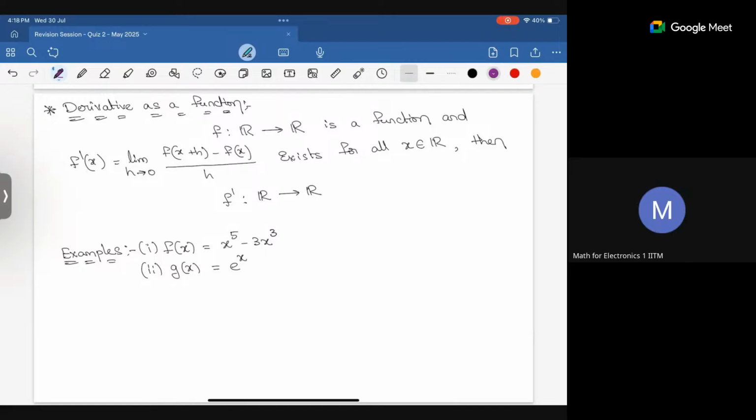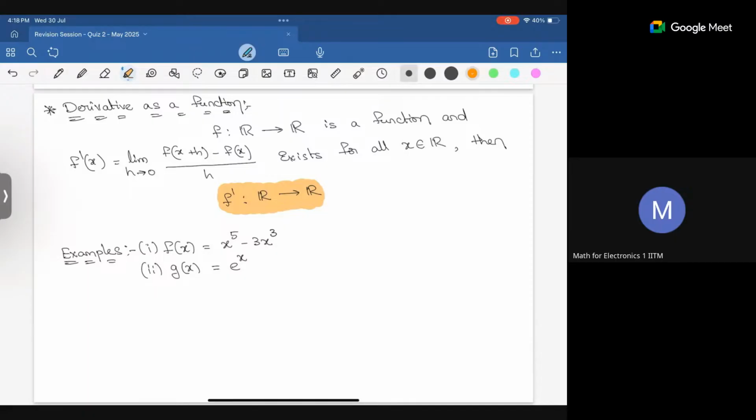If it exists for all x belonging to R, then our f prime can also be treated as another function. For every input, we will have a fixed, unique output, which will be the limit value.